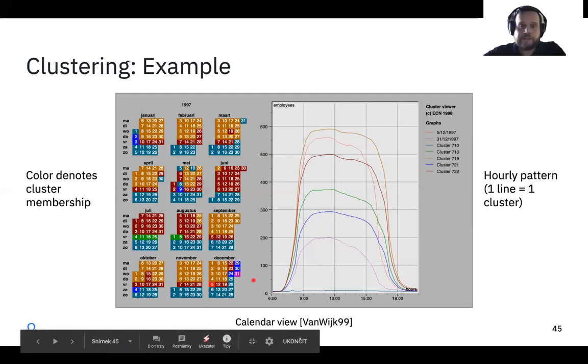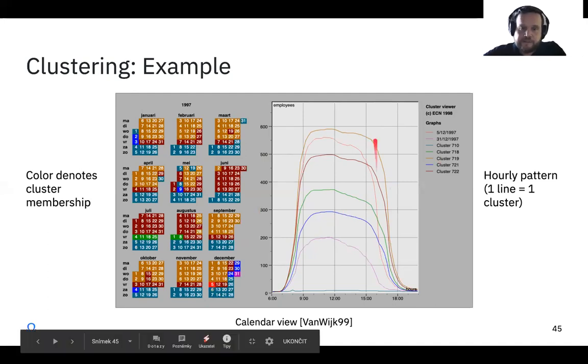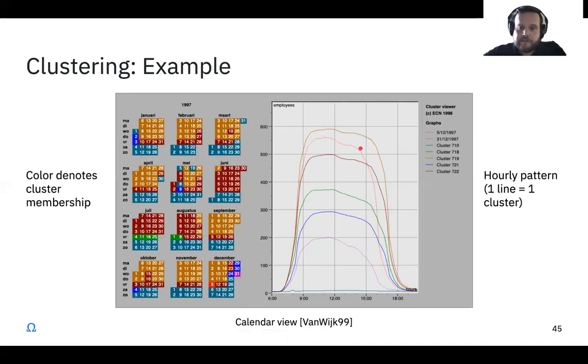There is no pattern like the 5th of December, and it's the one second from top. Here we see that people are indeed at work, but they start leaving early. The orange one is the normal working day cluster, so most of the year except for summer.